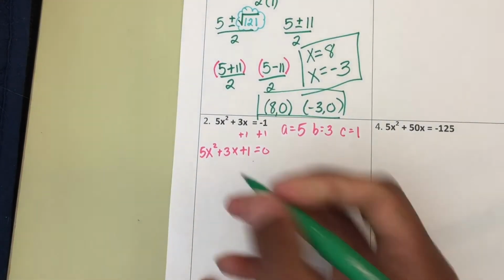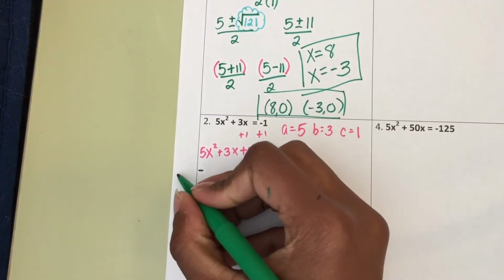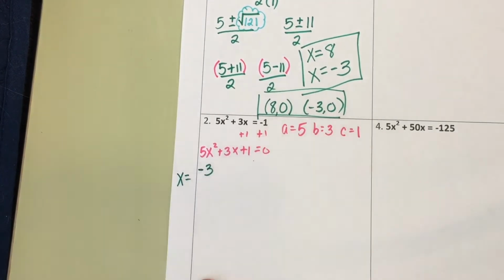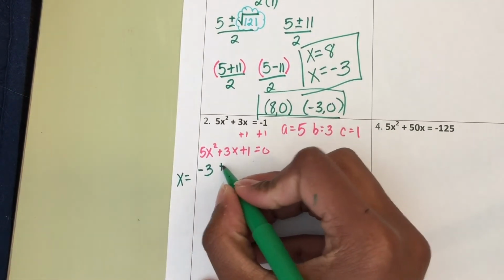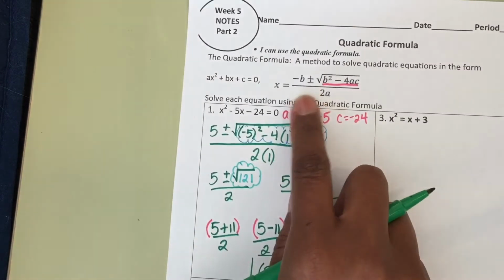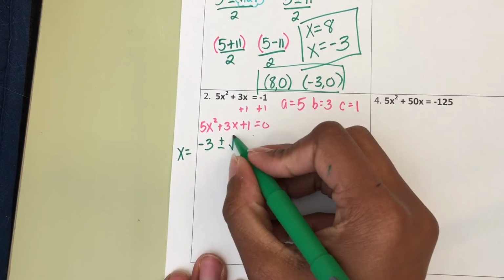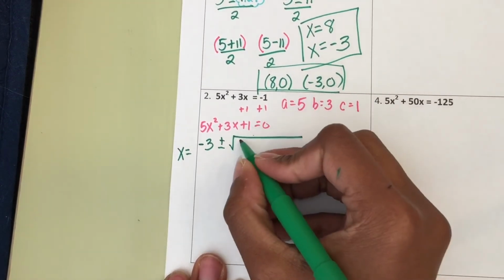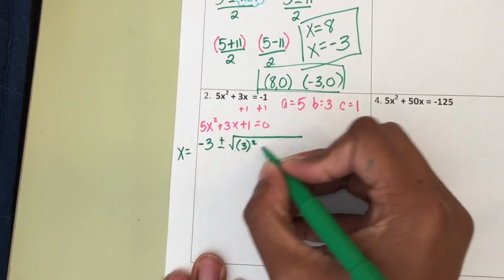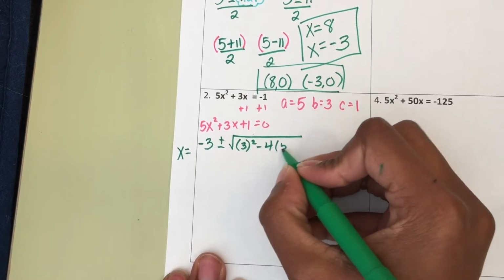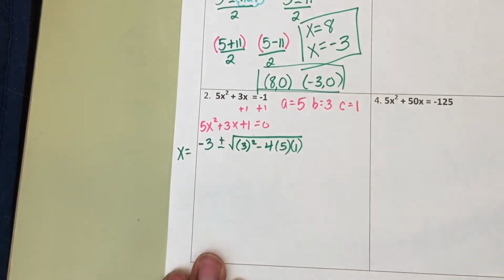And so I get, and you can start with x equals out here in front. So -3, and then plus or minus, because it's just following the formula that's up here. So -3 plus or minus the square root. And here's your discriminant, b squared minus 4 times a times c.